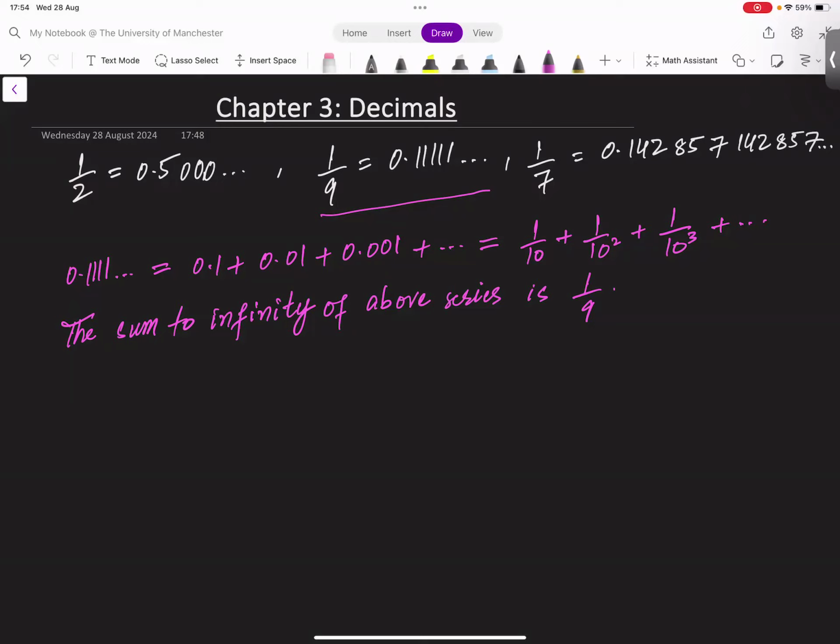The above fact about 1/9 is a special case of the following result on geometric series, which is probably very familiar. So let's state that. We have proposition 3.1, which says: let x be a real number.